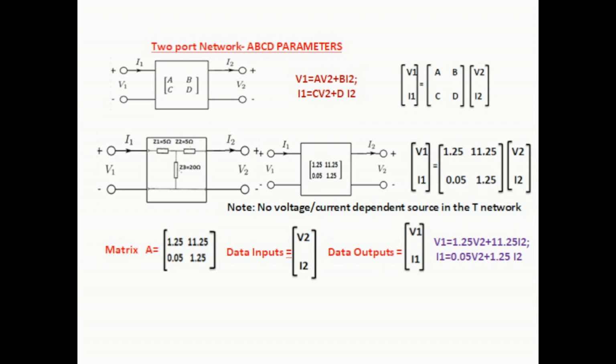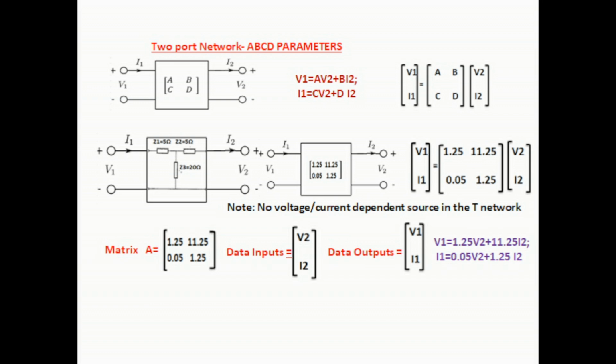Two-port network ABCD parameters. In an electrical system, V1, I1, V2, I2 are the voltages and currents of the system. V1 is in terms of V2, I2, and I1 is in terms of V2, I2.